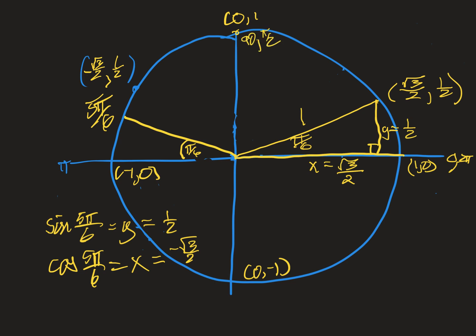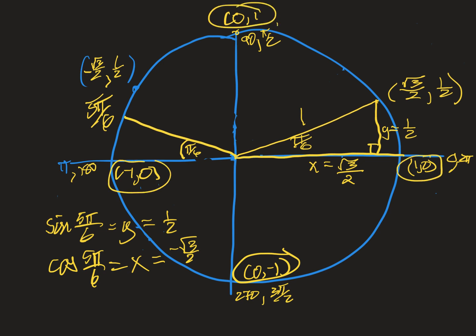This angle over here is pi, or 180. And this one is 270 or 3 pi over 2. Those are the angles. But since the radius is 1, we already know what these points are on the horizontal and vertical axis.